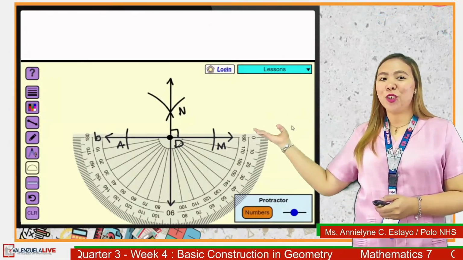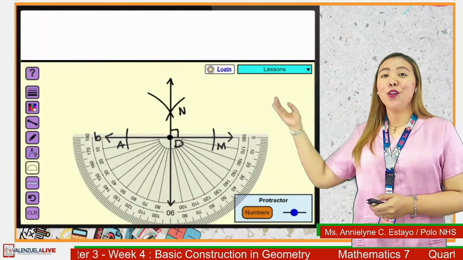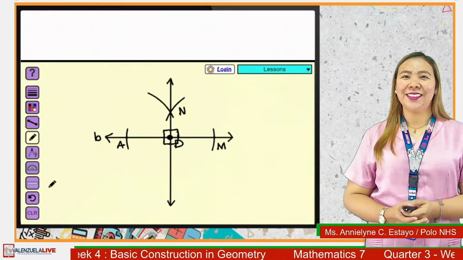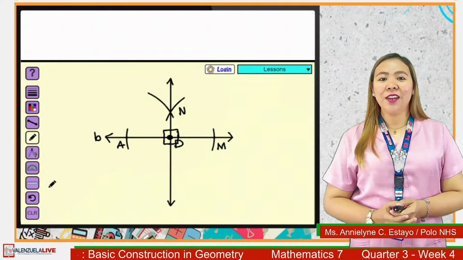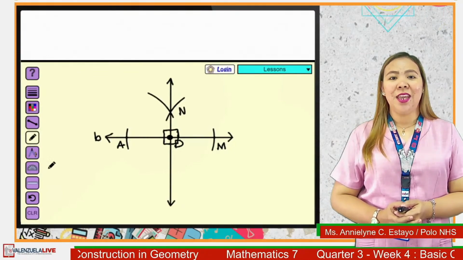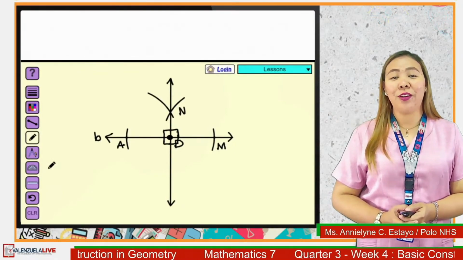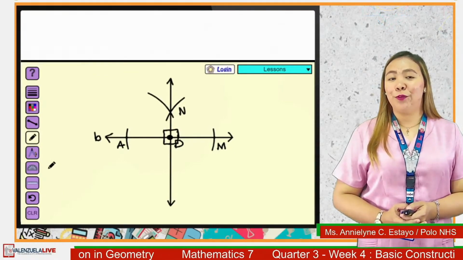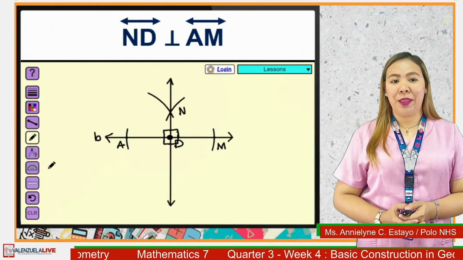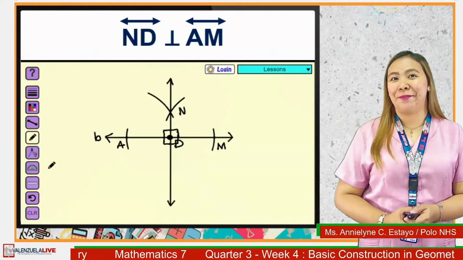This angle measures 90 degrees, and also this one. The angles formed by intersecting lines ND and AM are four right angles. Therefore, line ND is perpendicular to line AM.